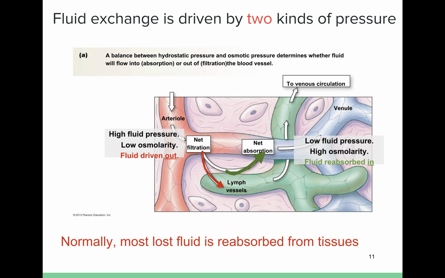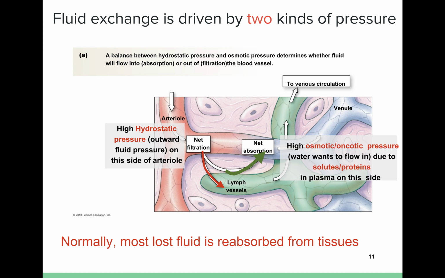And so if we just give two names to these two kinds of pressure, so remember, one of them is the pressure due to fluid, the other one is the pressure due to osmolarity. We're going to give the pressure due to the fluid hydrostatic pressure. So we can just say that on this side, there's a higher hydrostatic pressure, and that filters fluid out.